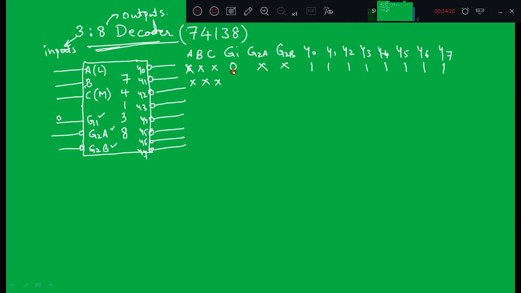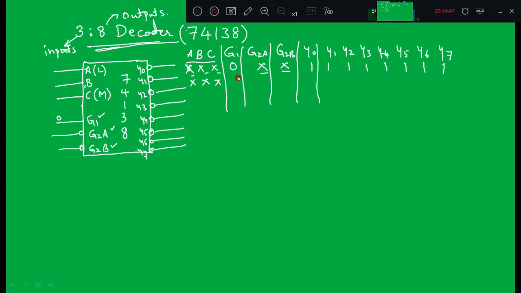So if G1 is 0, whatever may be the values of G2A, G2B and ABC, there are a total of 6 inputs, right? So the truth table should have 3 plus 3, total 6 inputs and total 8 outputs, right? Whatever the values of G2A, G2B and ABC, the outputs will remain high, right?